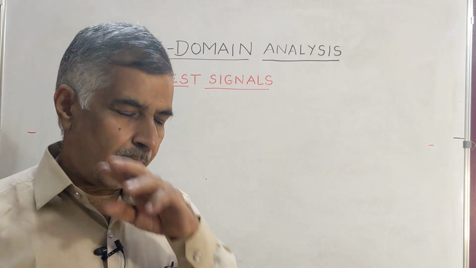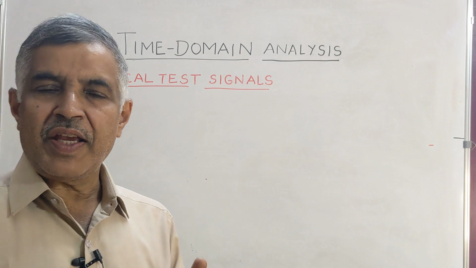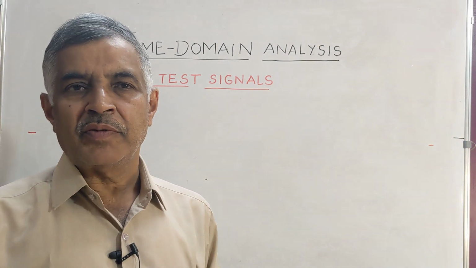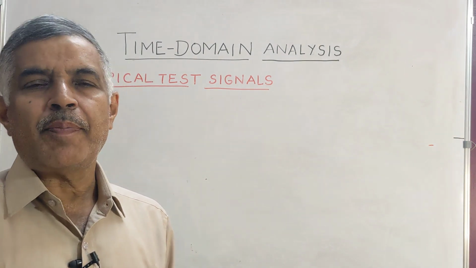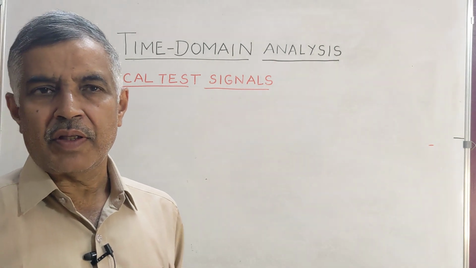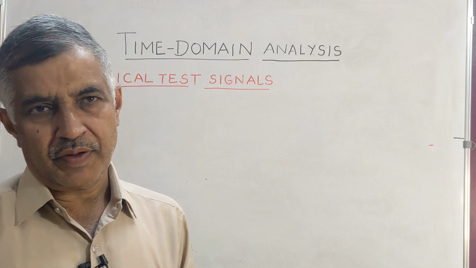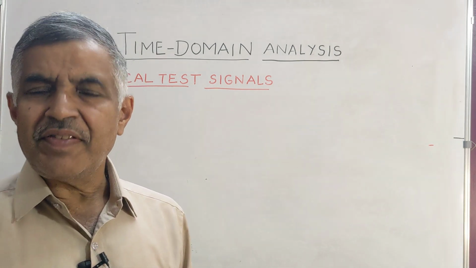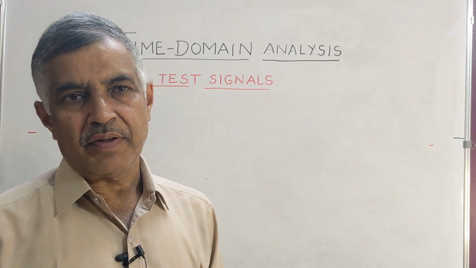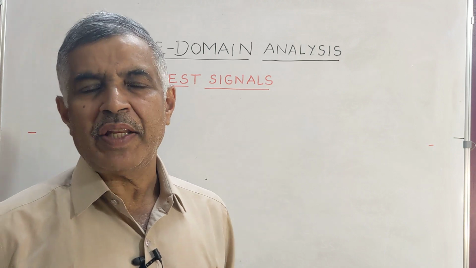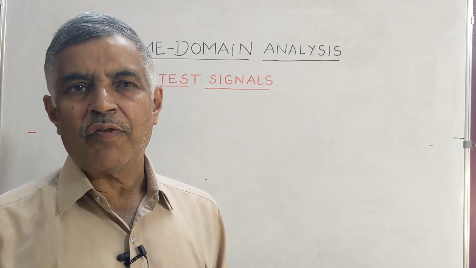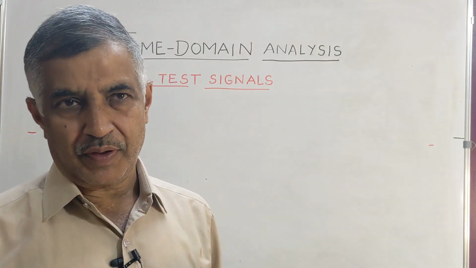So a designer, if he has to build the system, cannot assess the performance of such a system when input is continuously changing. So to assess the performance of such systems, in time domain analysis, there are few signals which are listed.